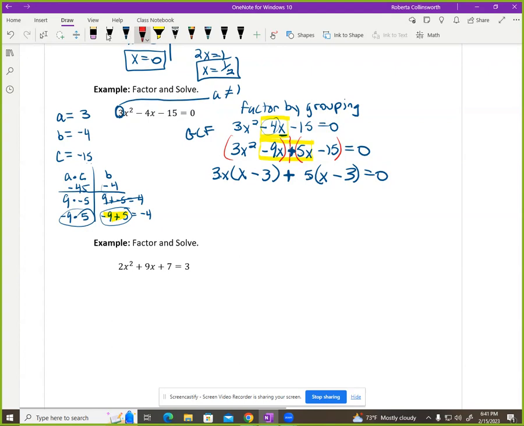So once you do that, you should see in parentheses you have something that's the same. This is a greatest common factor. So the greatest common factor was used here, it's used here, it's used all over the place. So I'm going to take that greatest common factor and it's going to be multiplied by what is left, 3x plus 5.